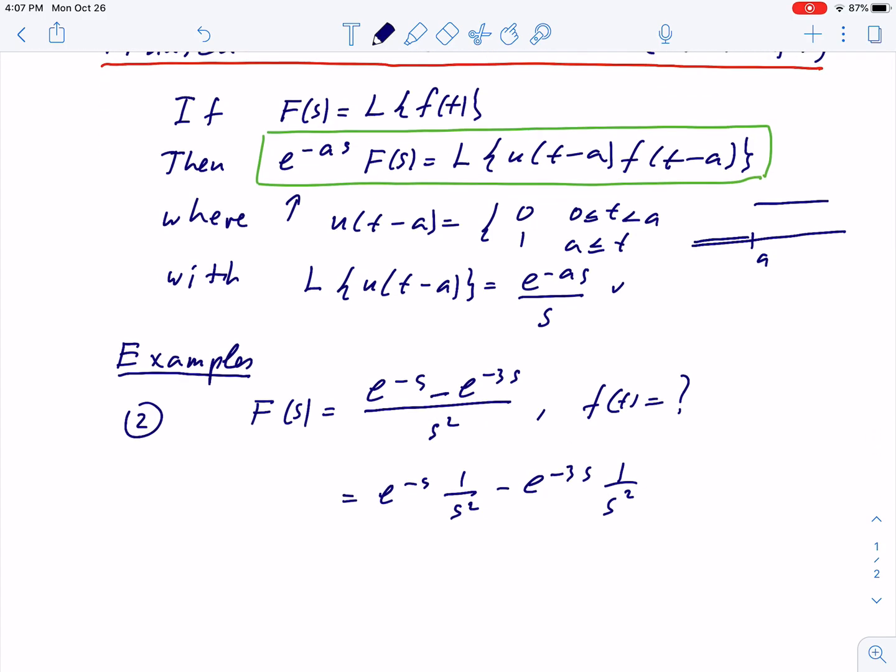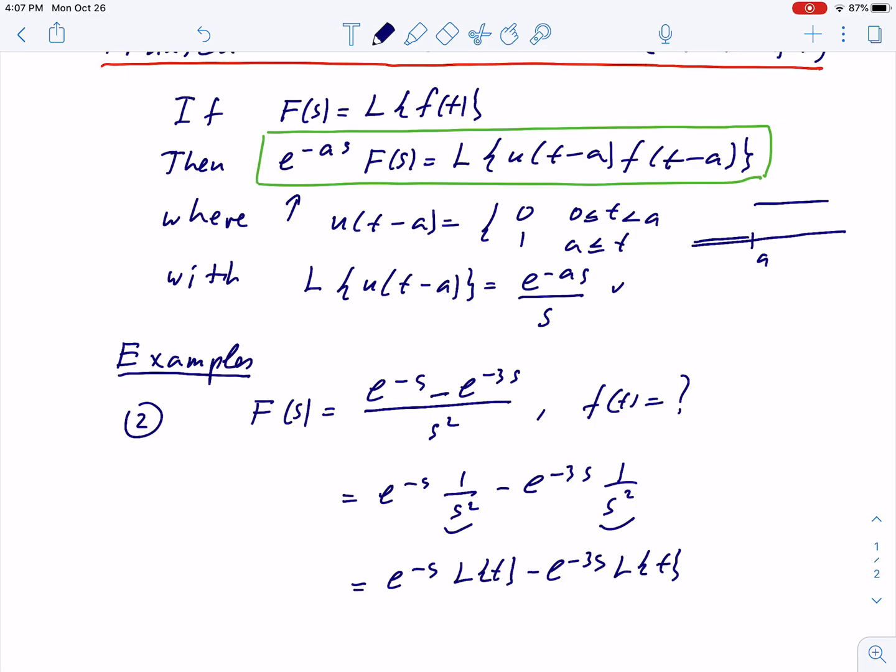Now, on purpose, I wrote the exponentials first, and then in these places we see one recognizable image. This is the Laplace transform of t. So I can write this as exponential minus s Laplace of t, minus exponential negative 3s Laplace of t.